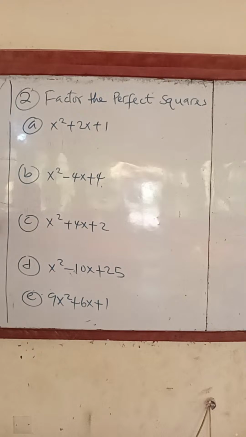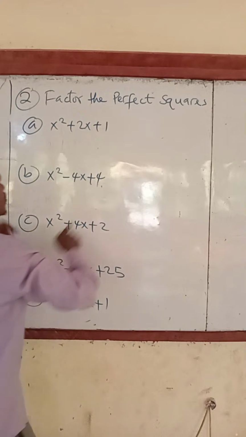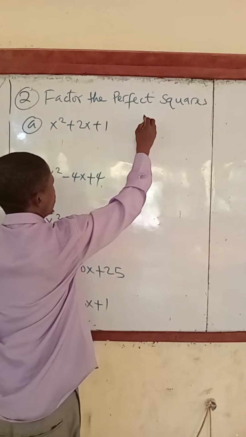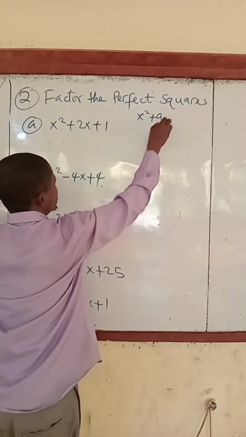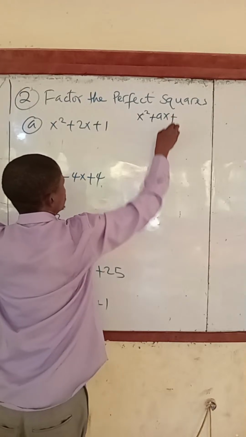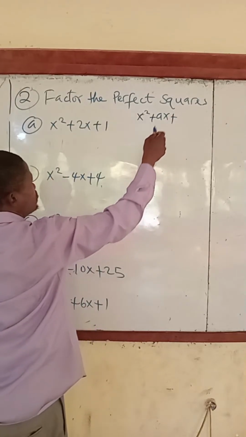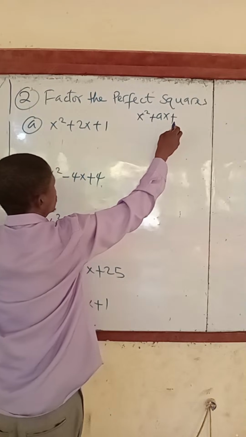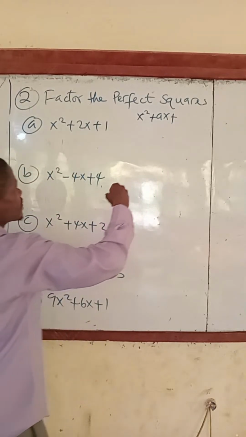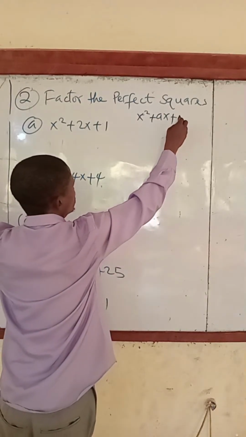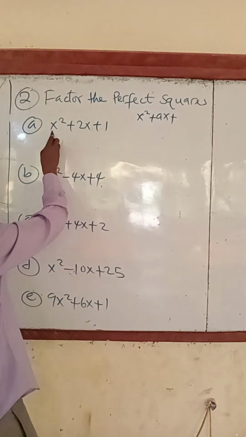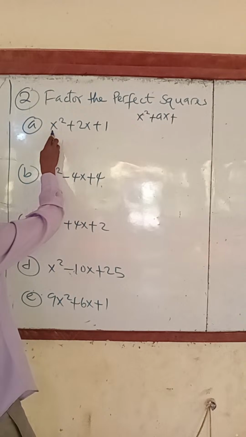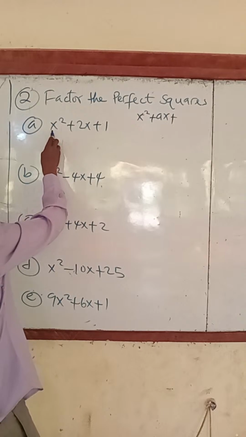Recall for perfect square: x squared plus ax plus, what can we call it? Plus ax, because what we're trying to do here, if you look at what we have, this is a multiple. You take one of these.